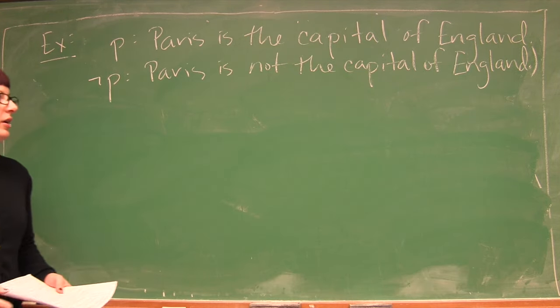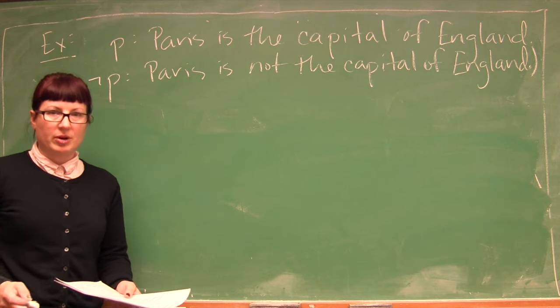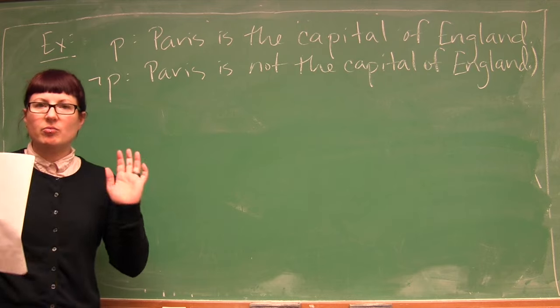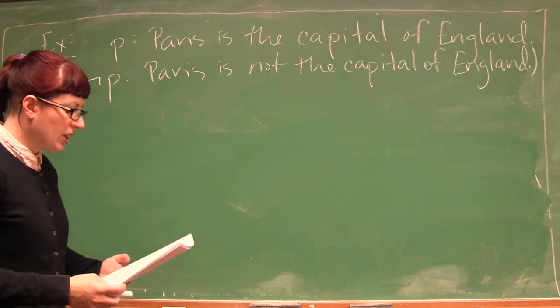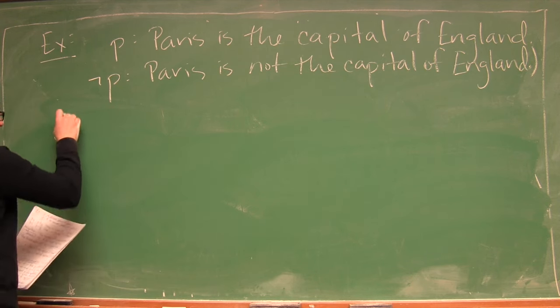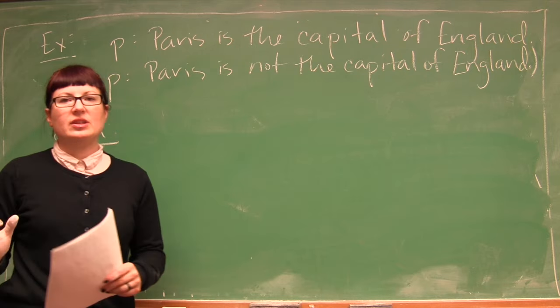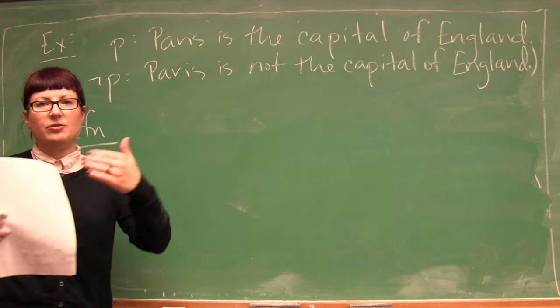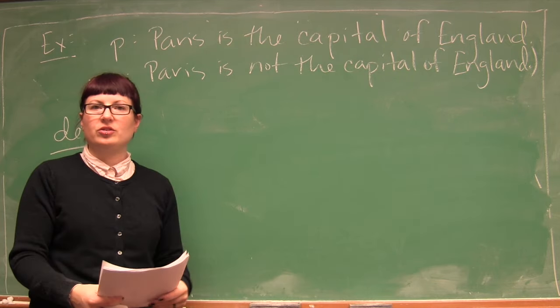So the next way we can construct new propositions is called a conditional proposition. And this is one of the absolutely most important types of propositions that you will encounter, and is the following form. So a conditional proposition is any proposition of the form if P, proposition 1, comma, then Q, proposition 2.